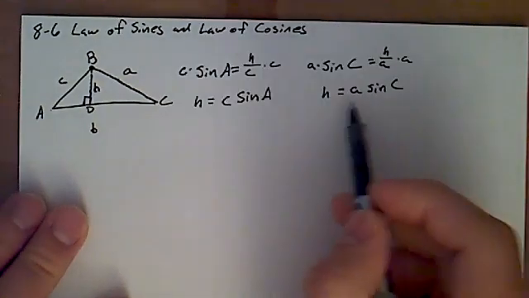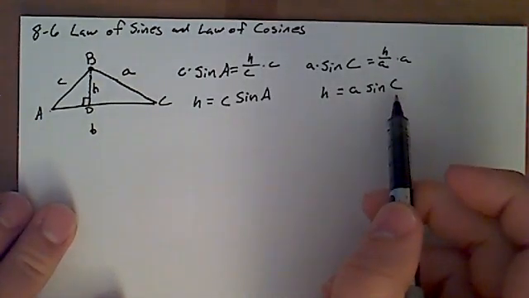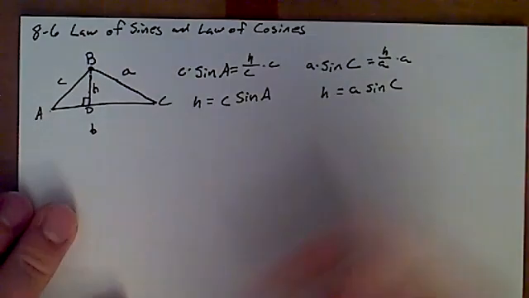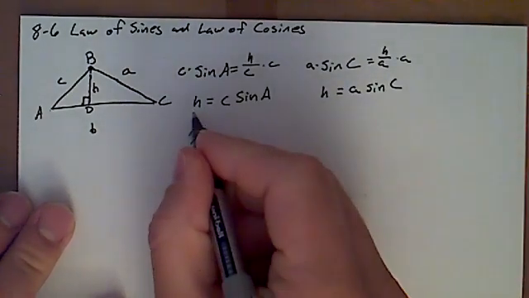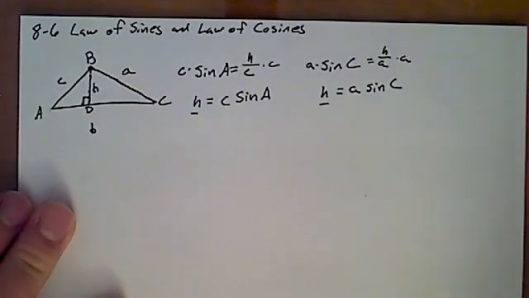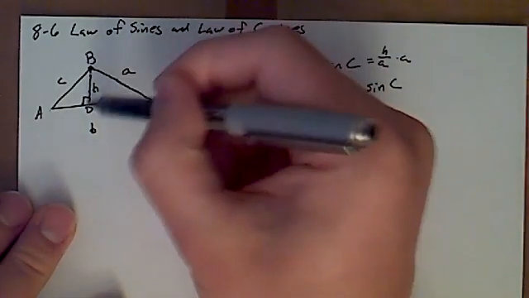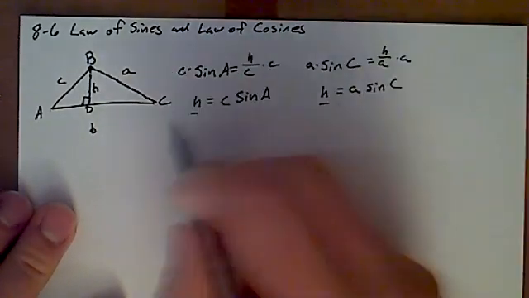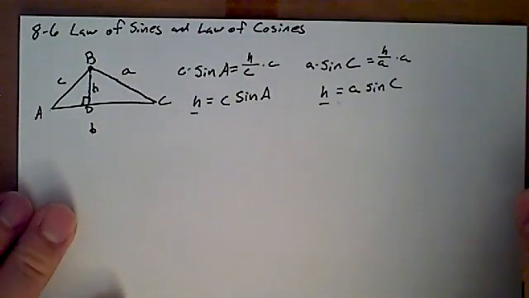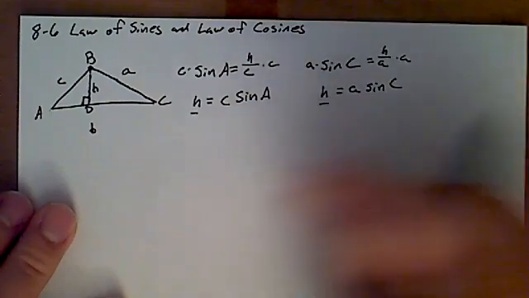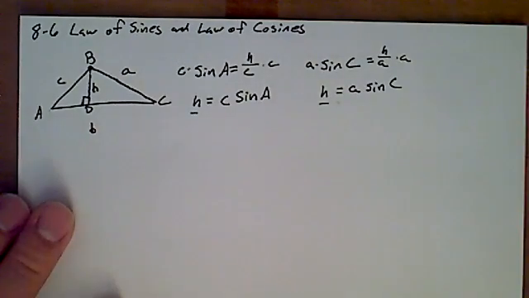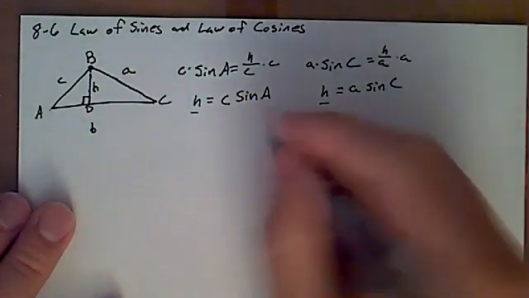We have c sine A and a sine C. But the more important thing that we're setting up is that we have two different things for h, right? But h is the same value in both of them. So we have two different ways of finding the same length. In both of these, h is the same. And so we can actually set these equal to each other, right?